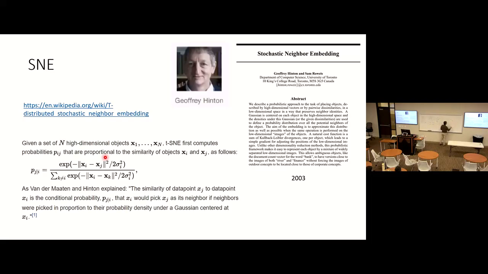Okay, so that's the distance. If the distance from i to j is 0, you have a high probability to be considered as neighbors. Whereas if the distance is large, d1 versus d0, then the probability of these two, i and j, being neighbors is lower.